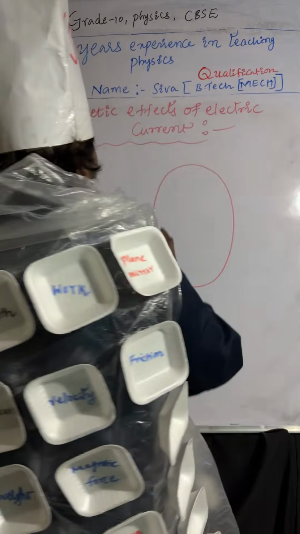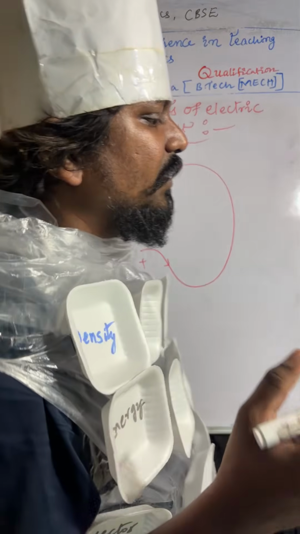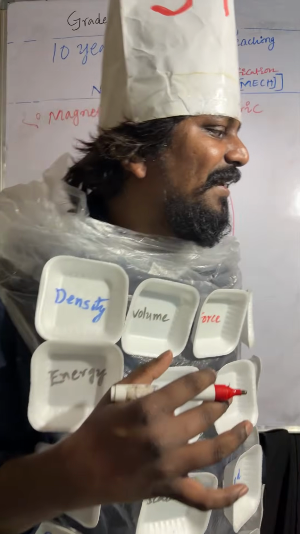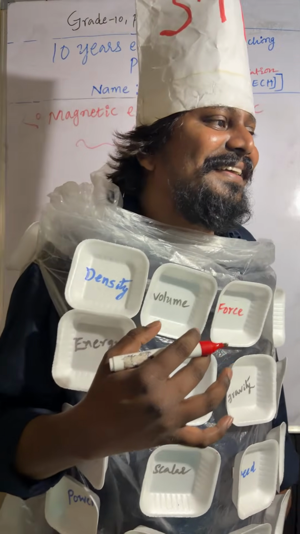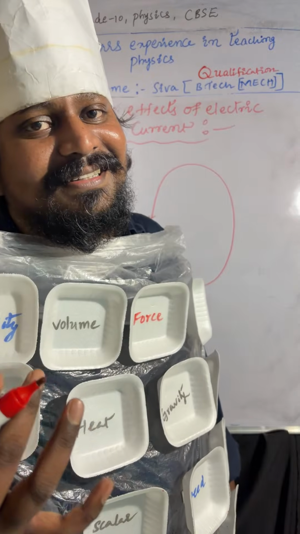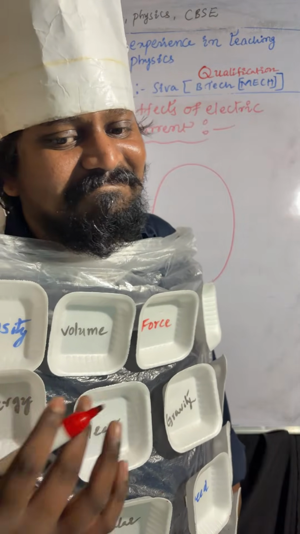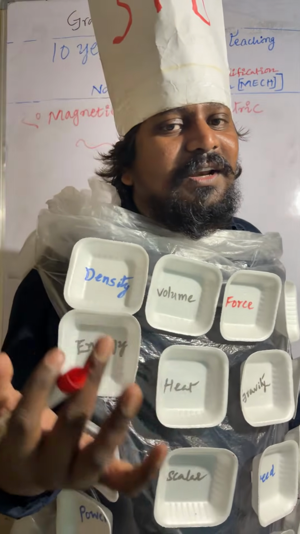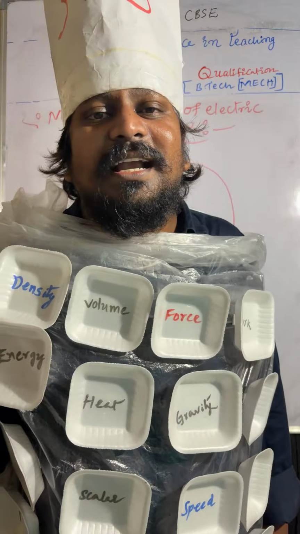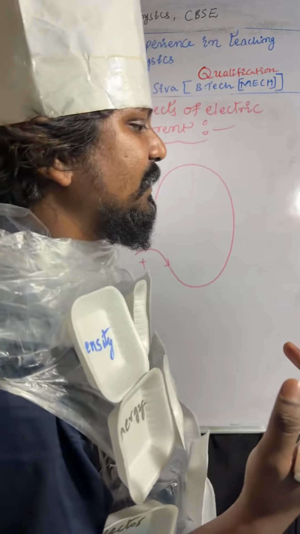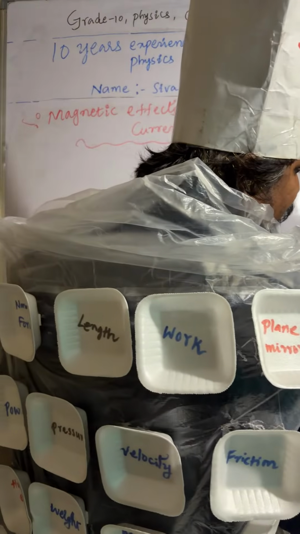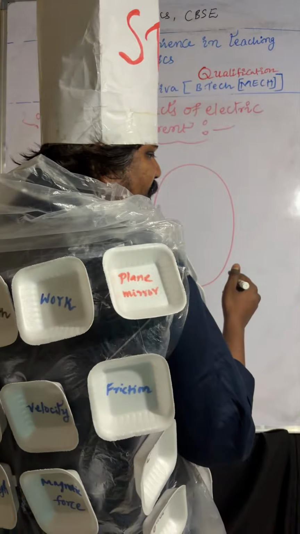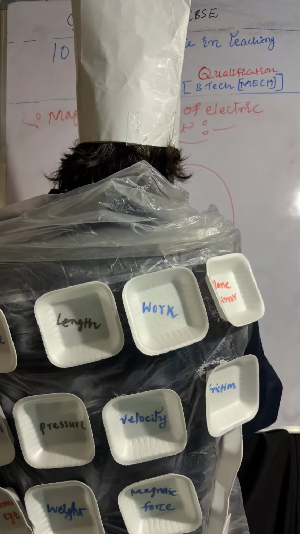Here one point: we know that if the current is passing through the conductor, a magnetic field will be produced. So here you can see.